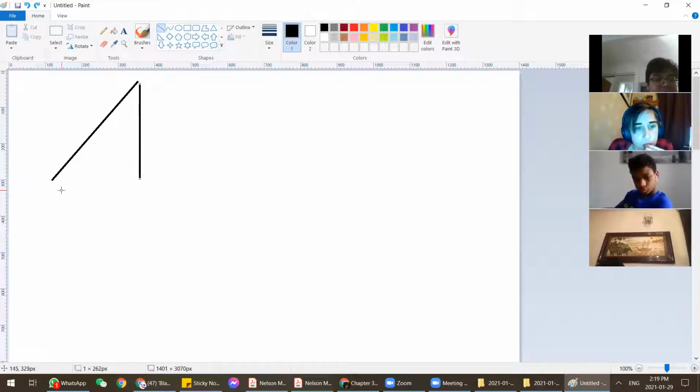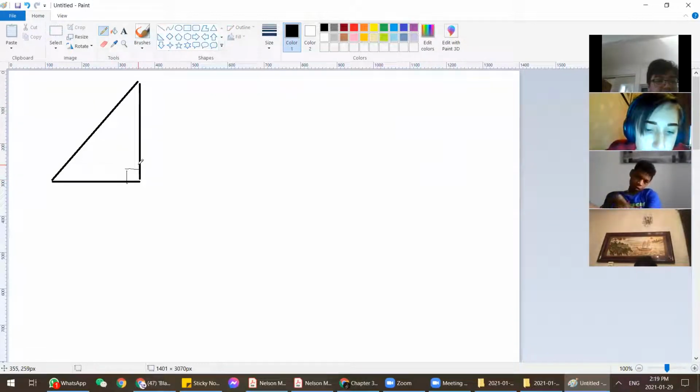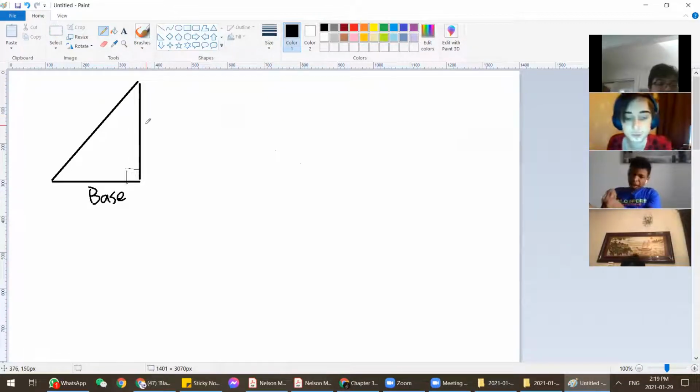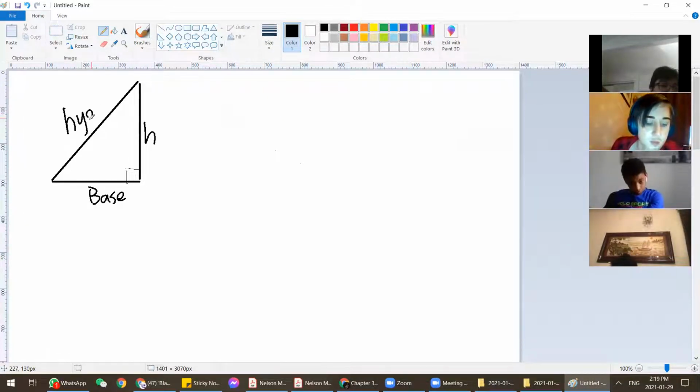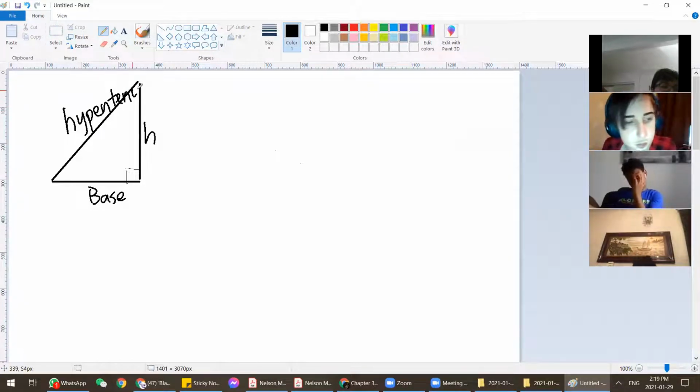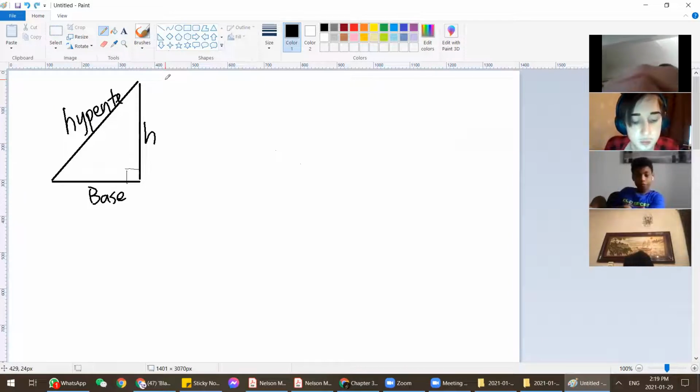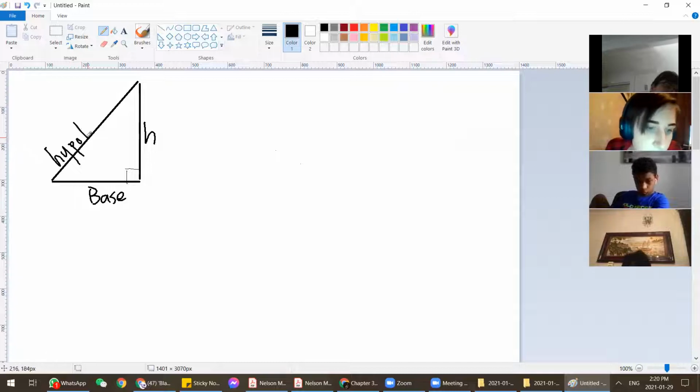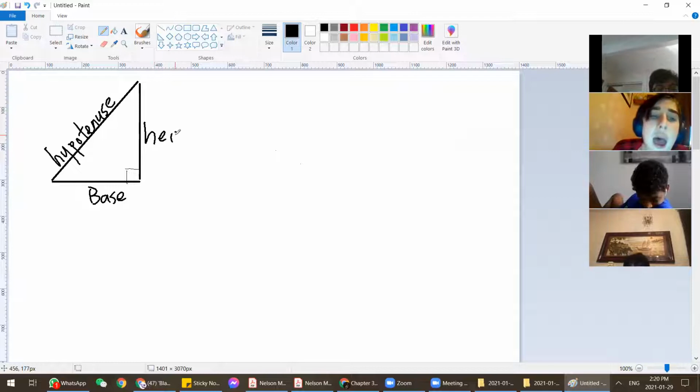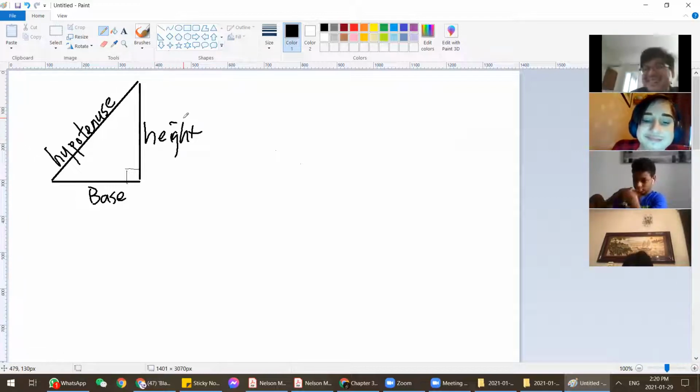Okay. So this is the base. This is the height. This is the hypotenuse, right? Oh my Lord, my writing is going over the hypotenuse. This is called the height, like Linrose Heights.